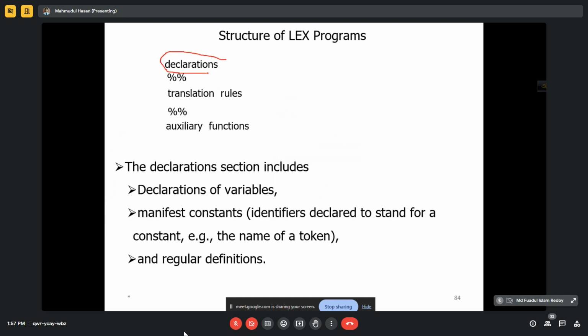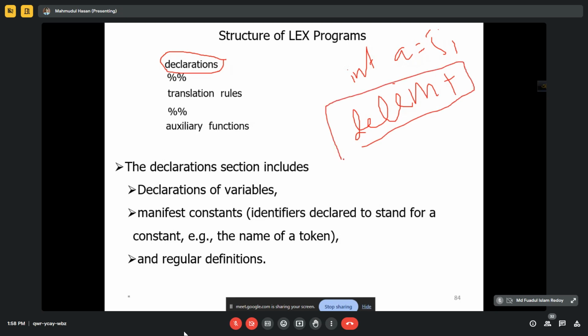Then what is declaration? Declaration is like variable declaration, like in C when you write integer a equal to 5. In the same way, suppose delim plus is the regular expression for white spaces.